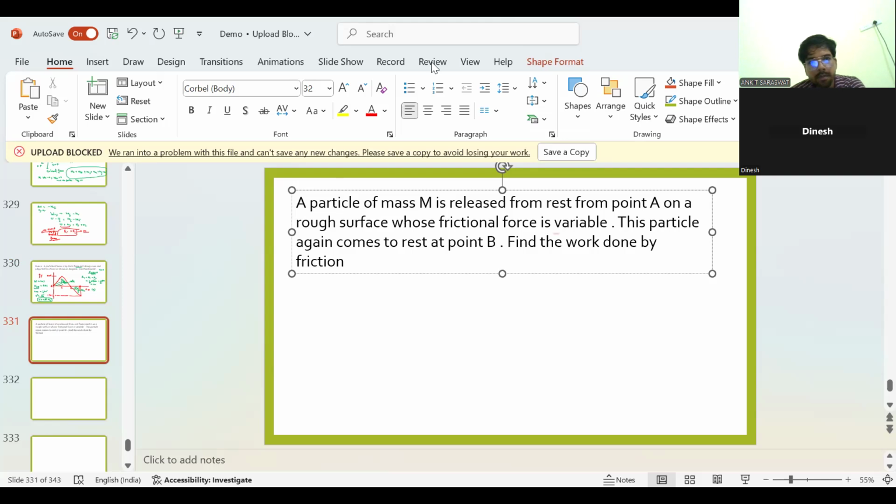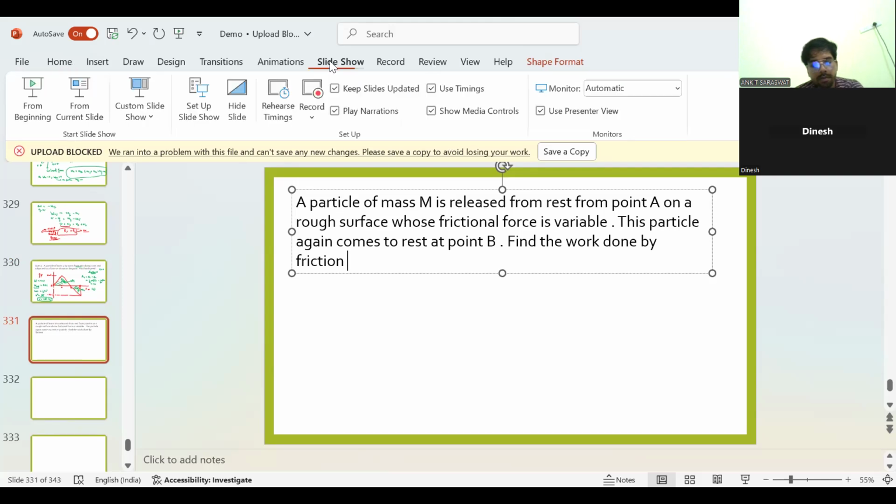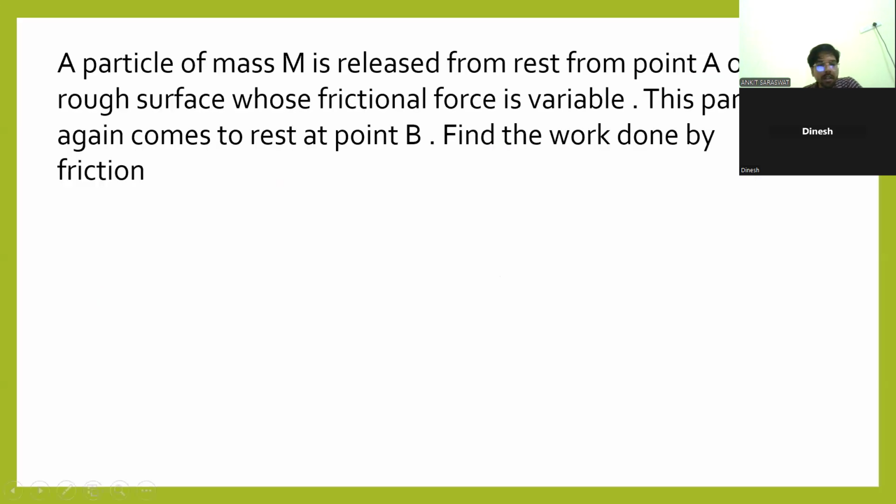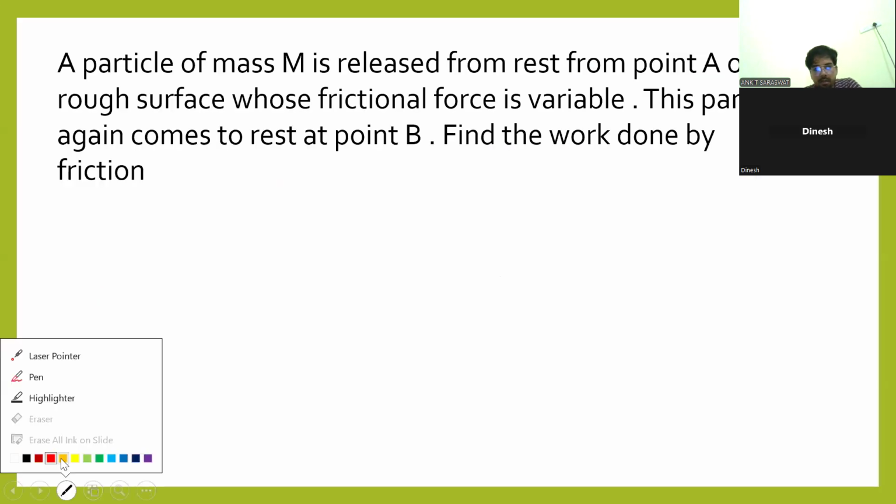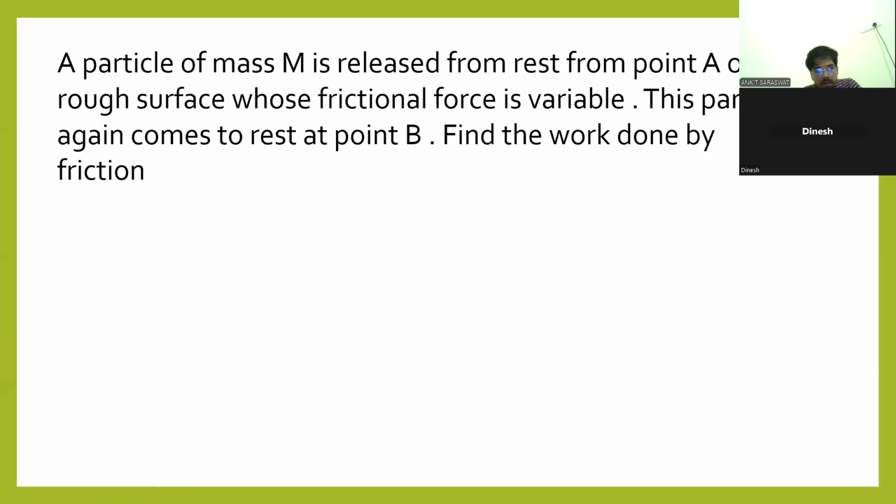Please note down. I will draw the figure; the figure is like this.